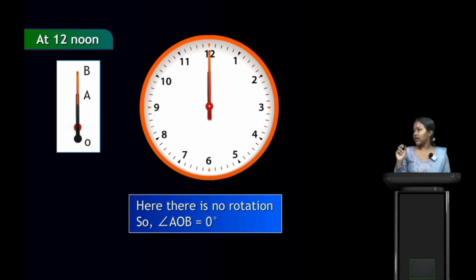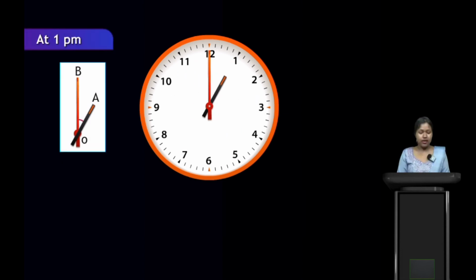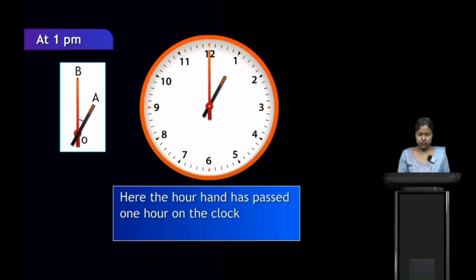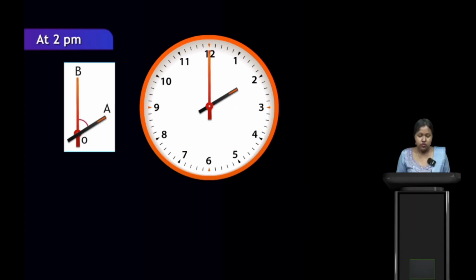So in this case, angle AOB is 0 degrees because there is no rotation. Now at 1 p.m., how much does it rotate? Here the hour hand has passed 1 hour on the clock, so angle AOB will be 30 degrees. Just now we saw.